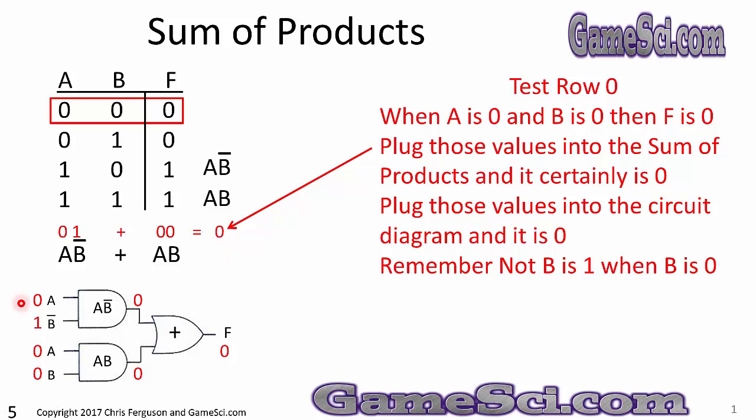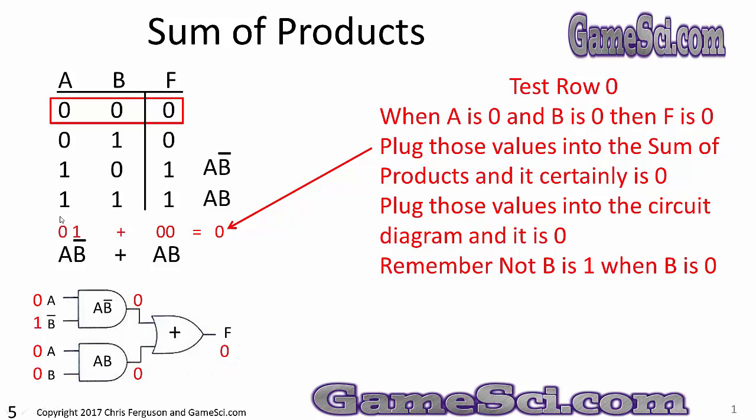Plug the same values into the circuit and it produces a 0. Remember, not B is 1 when B is equal to 0. So A is 0, not B is 1, A is 0, B is 0. That produces a 0 on this AND gate and a 0 on this AND gate. Fed into an OR, the output is 0.